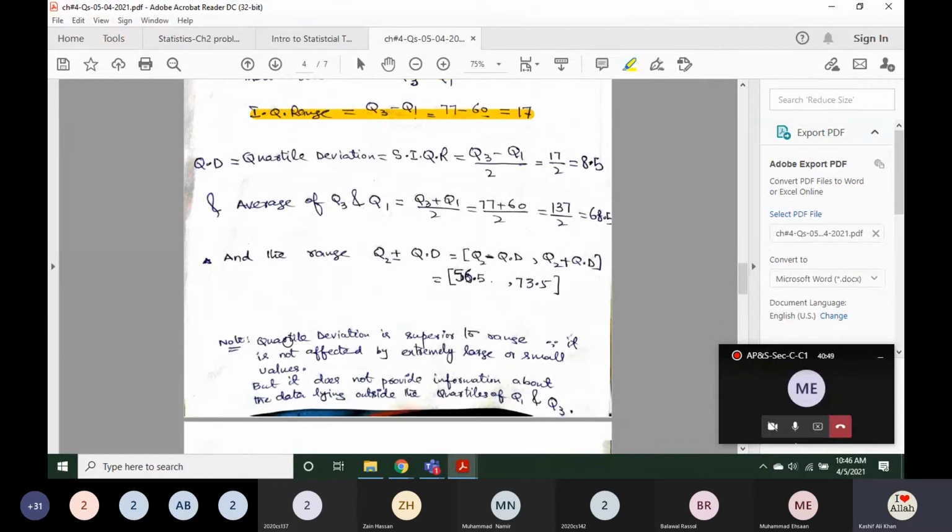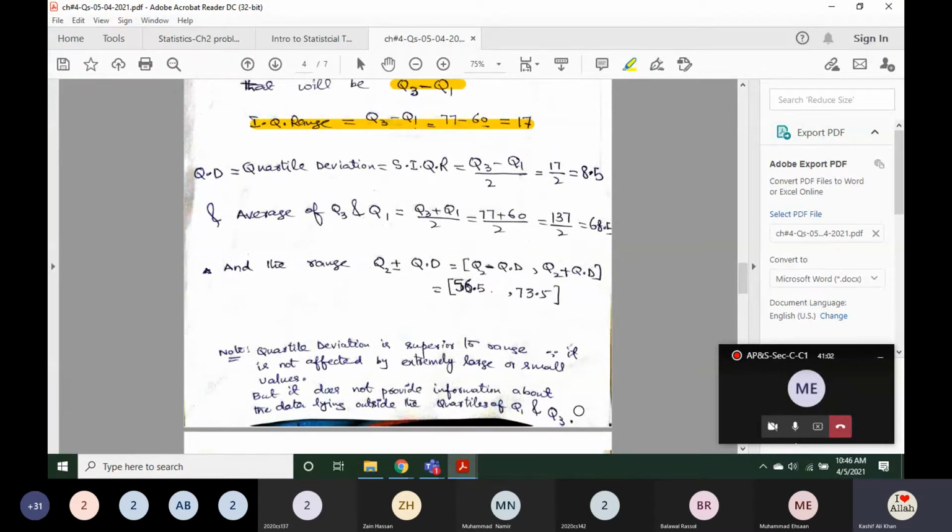Now there are some attributes. Quartile deviation is superior to range because it is not affected by extremely large or small values, but it does not provide information about the data lying outside the quartiles of Q1 and Q3.